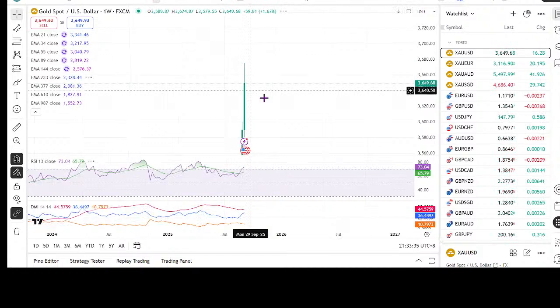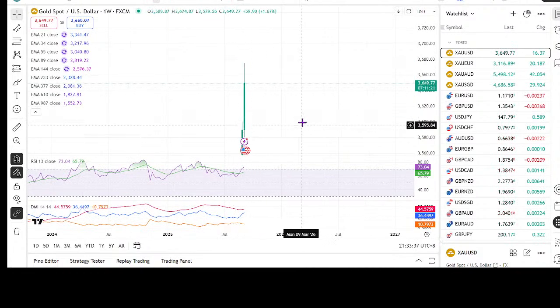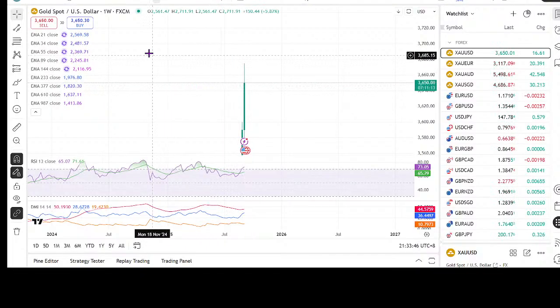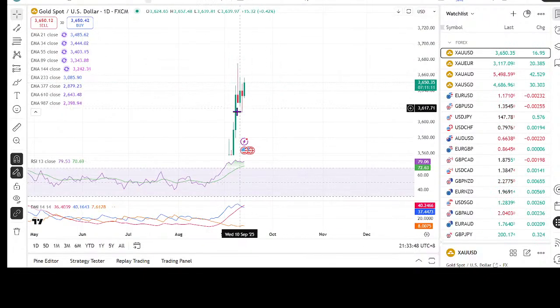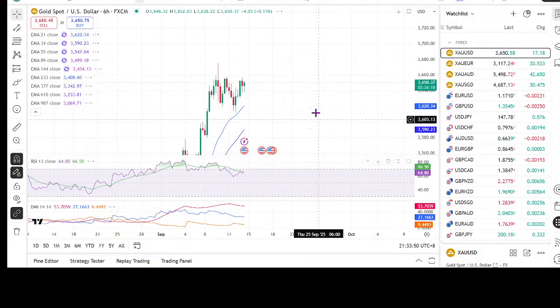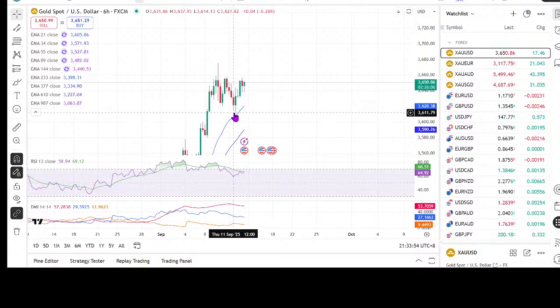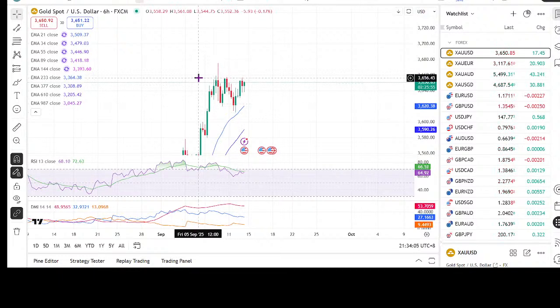Looking at the weekly, this is trading well above, and this is a multi-year high, trading near the high but away from it, about $25 away. So daily this is in a congestion. Then hourly, yesterday we were expecting this price to go lower, and we felt that a correction had already started.